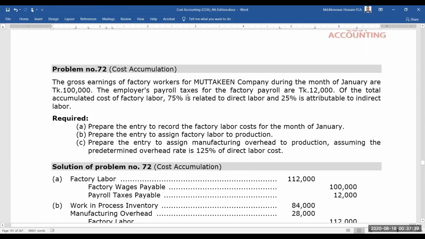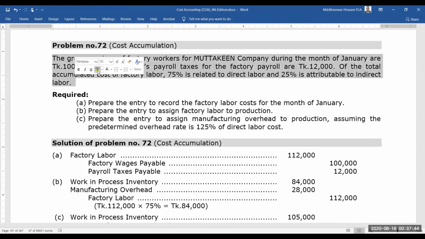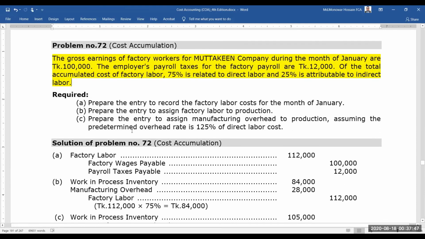So same way if we do another one, cost accumulation. Look here, the gross earnings of factory employees of Muttakin company during the month of January are 1 lakh. The employer's payroll tax for the factory payroll is 12,000. Of the total accumulated cost of factory labor, 75% is related to direct labor and 25% is attributable to indirect labor.